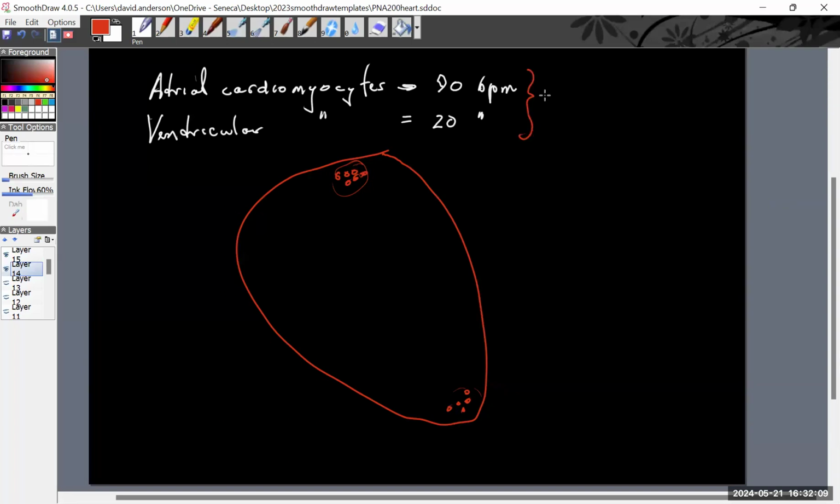Okay? This is somewhat random, so we need coordination. And we're going to do it through what's called an intrinsic, fancy word for just meaning it's inside, conduction system.